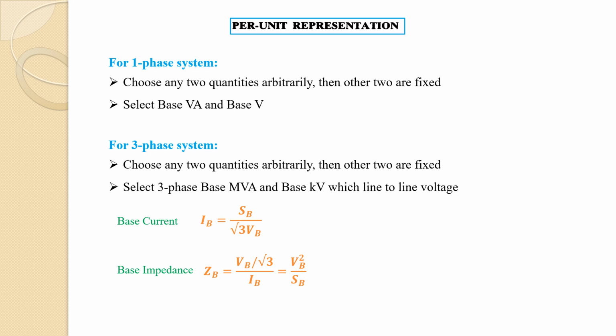If the volt amperes is specified in KVA, then we'll be choosing the base KVA and the base voltage, which will be volts line-to-line voltage. After finding that, we can now calculate the base quantities for current and impedance, that is the base current and base impedance can be calculated as shown.